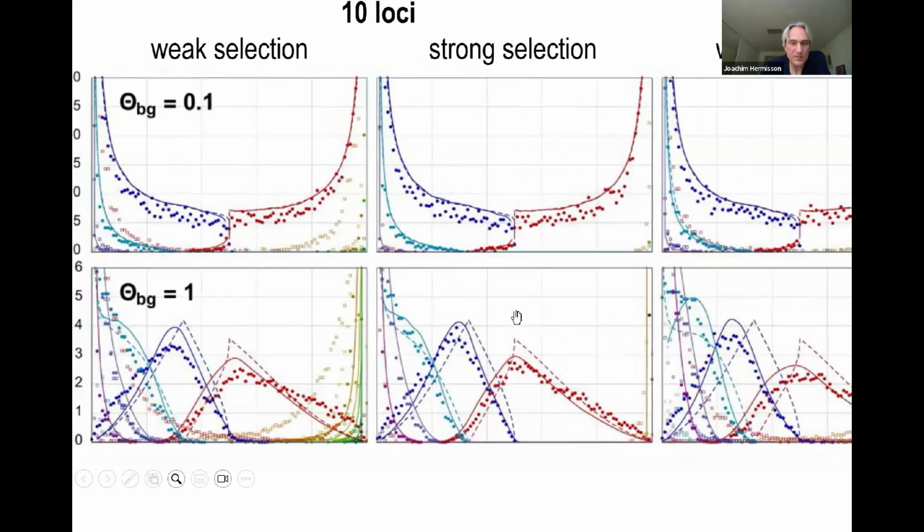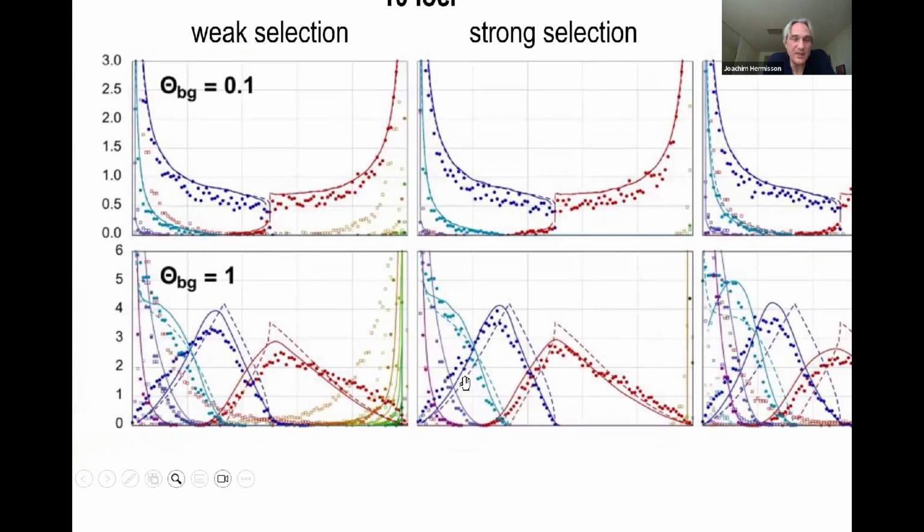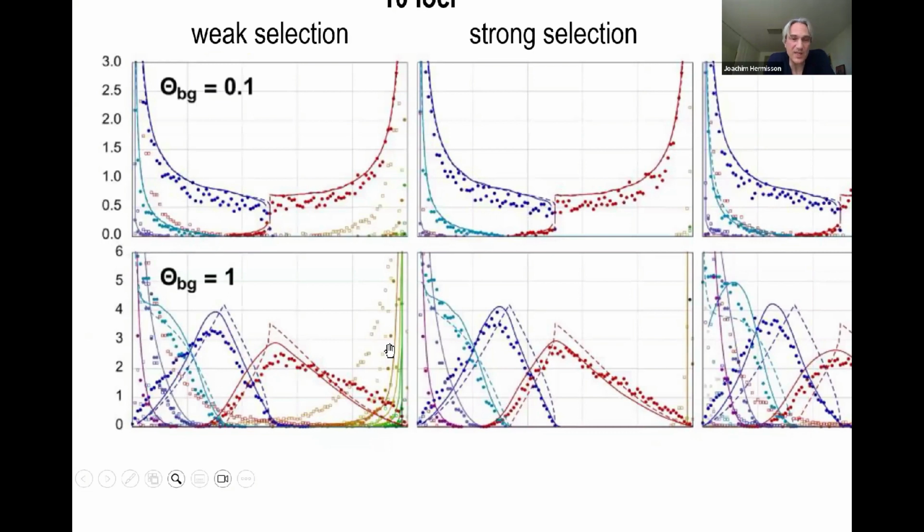One other thing, a quick comment on these dashed lines: since most of the task is just done by the first 3 loci, 1, 2, 3, we can also try to use only a 3 locus model and approximate it with only 3 loci, with appropriately chosen mutation parameters such that we match this theta background. And we see that even the 3 locus model does a very good job in explaining the most important aspects of this figure.